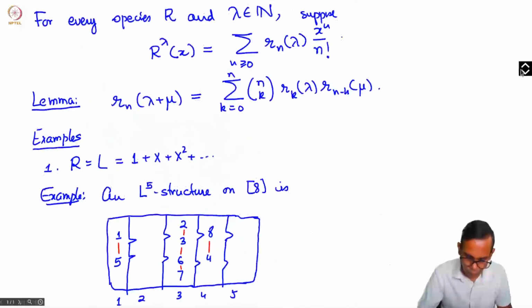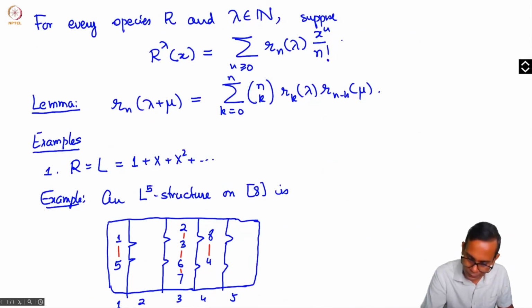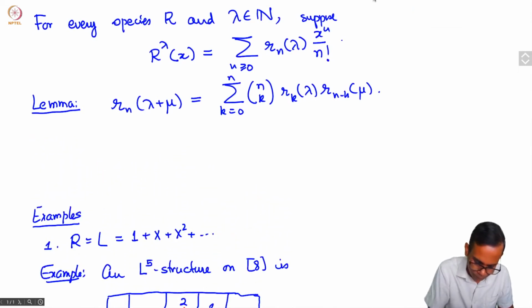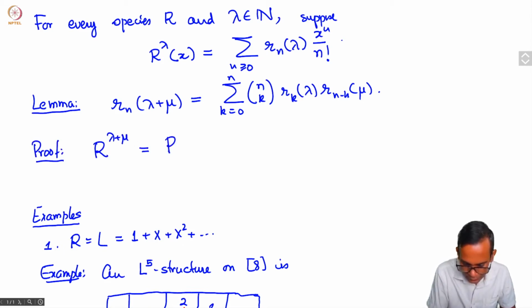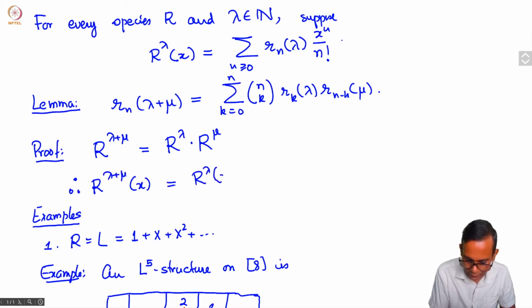Now, what about the proof of this lemma? Well, the proof of this lemma is actually very simple. You just note that R of lambda plus mu as a species is R to the power lambda into R to the power mu, and therefore R lambda plus mu of x is R lambda of x times R mu of x.